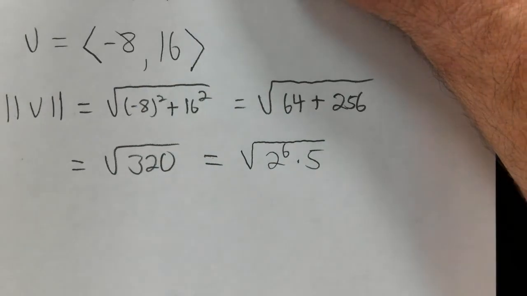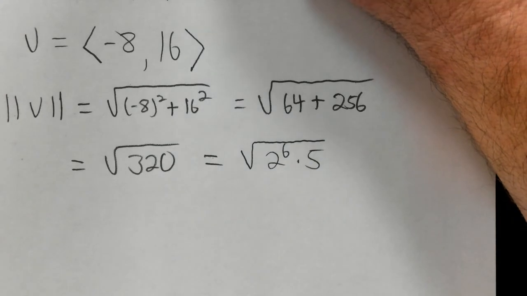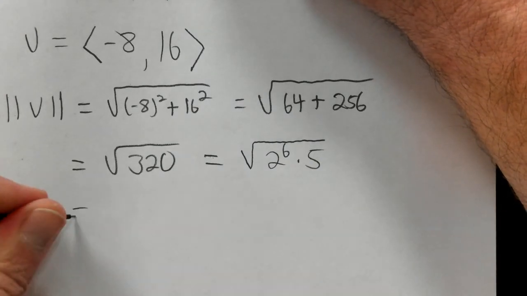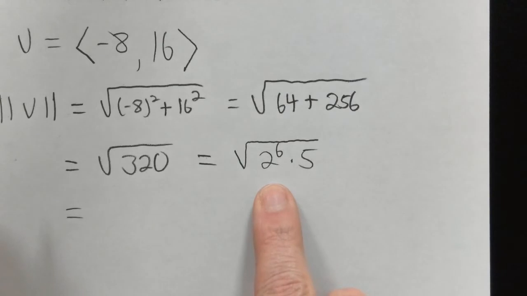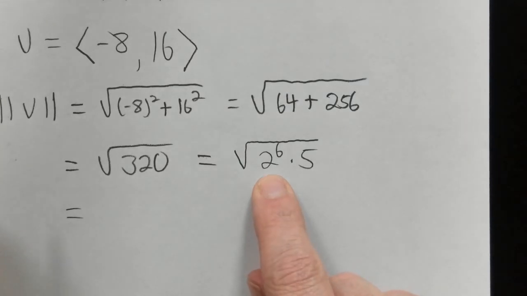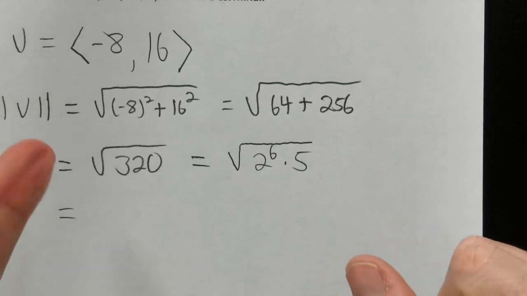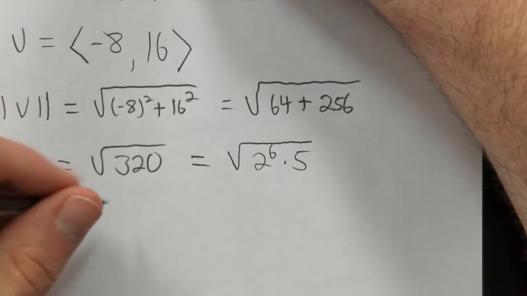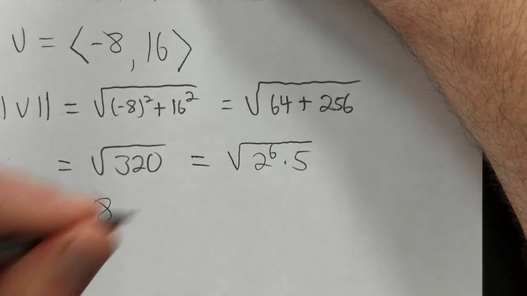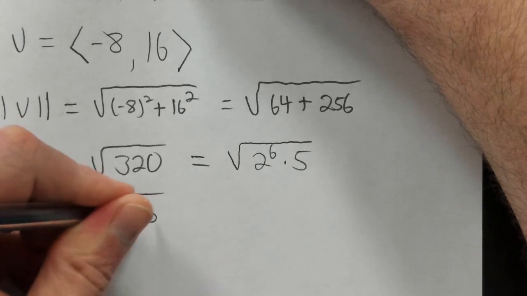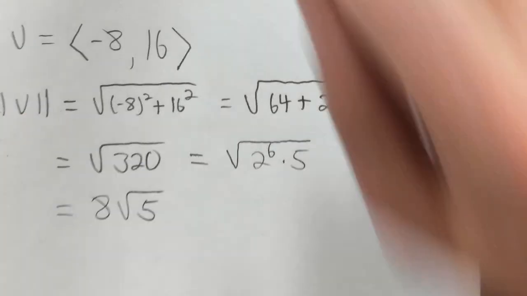Okay, so what that means is I can pull out pairs of 2s. If I've got 6 twos under here, I can pull out 3 pairs of 2s, which is 2 times 2 times 2, which is 8. So that'll be 8. And the square root of 5 is trapped underneath there with no pair to escape it.